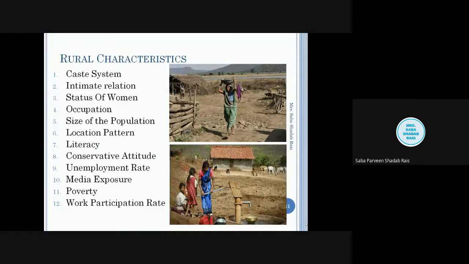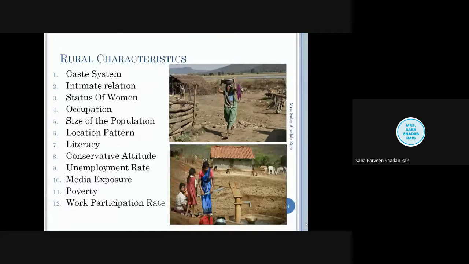This work participation rate in the rural area is similar for males as in the urban area, approximately 53%. But as far as female workers are concerned, the work participation rate is 30%, which is comparatively higher than in the urban area. That means almost 30% of women are going to the farm fields to do work.